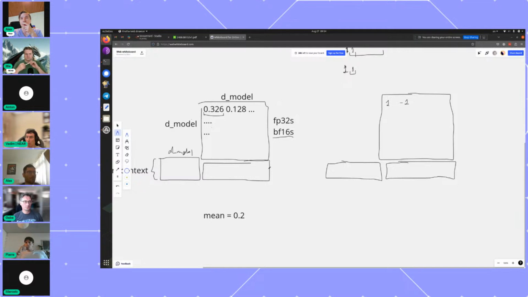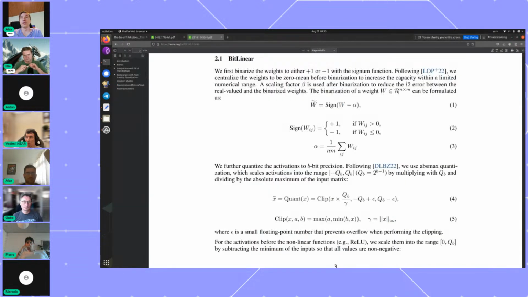If the average absolute value was 2, then the output will be approximately half as large. So effectively, you want to multiply later by the average absolute value to get, more or less, the same distribution.